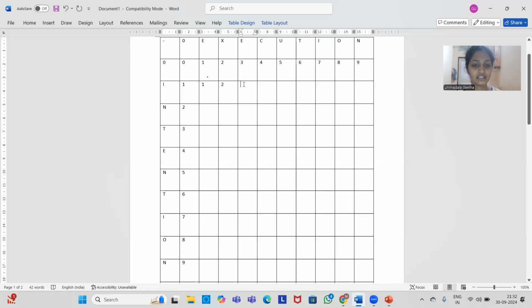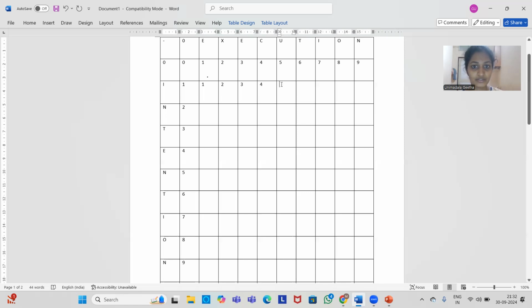Comparison between I and E. They are two different letters, so we perform insertion, deletion, or substitution operation. We compare 3 and 2. Here 2 is the smallest number, so we add plus 1 to the 2. The number becomes 3. Comparison between I and C: different letters, so the number becomes 4.